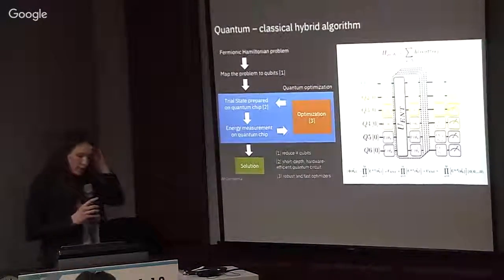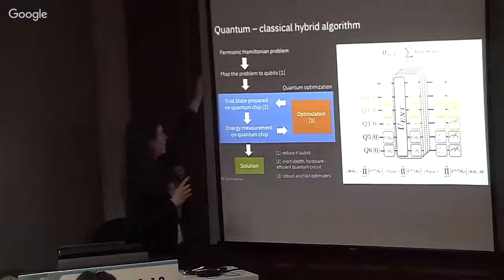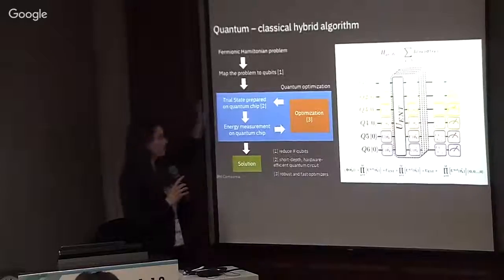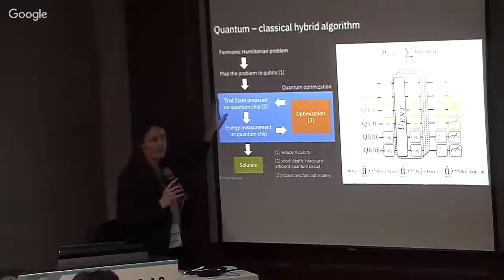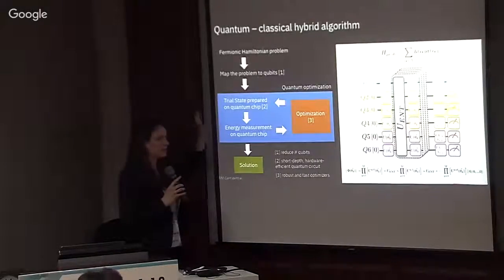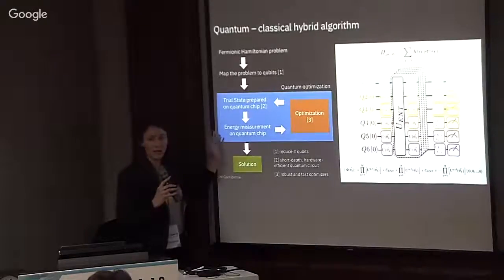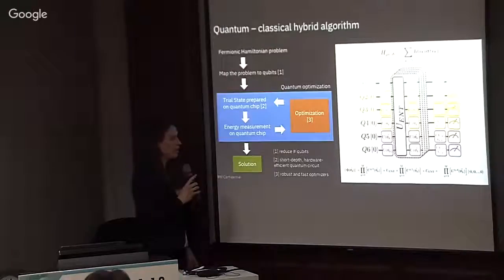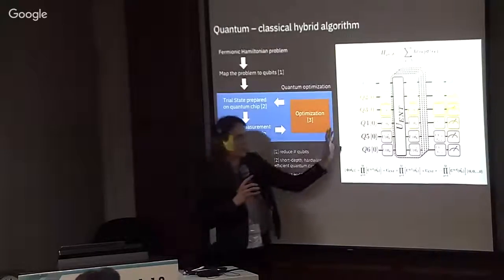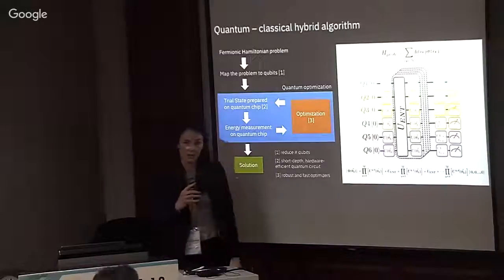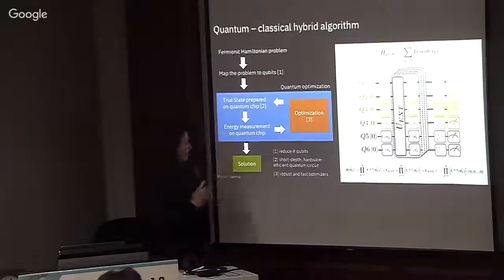Okay, so once you've mapped your problem onto qubits, the next step is you want to construct a trial state. This is an initial guess for, for example, the ground state wave function of your system. This is a circuit representation of one way that you could construct this trial state.